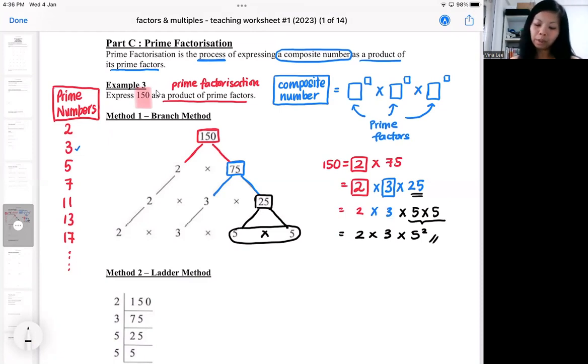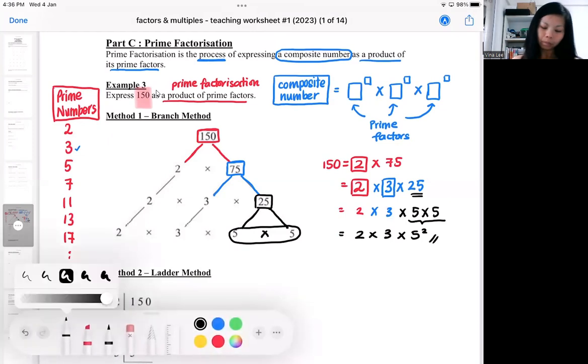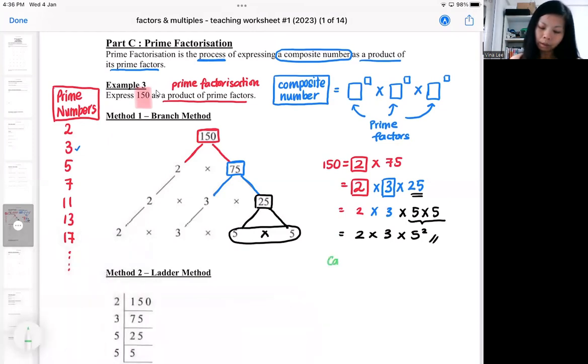You should also use a calculator to check. Key this into your calculator and you should get back 150. Don't be surprised if sometimes you don't get back the same number. That means you made a careless mistake in your branch method. So you keep branching out until everything becomes a prime number.